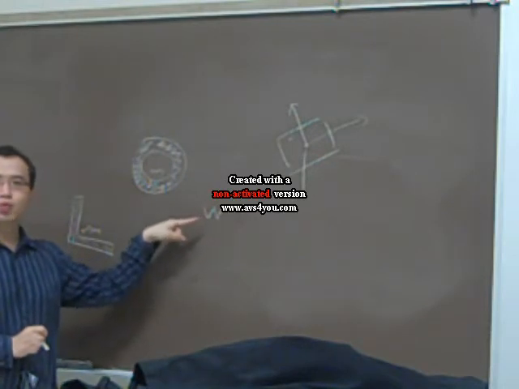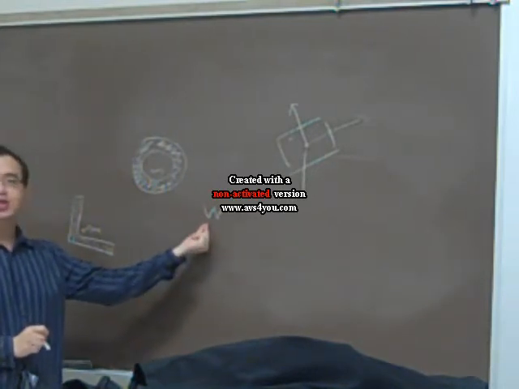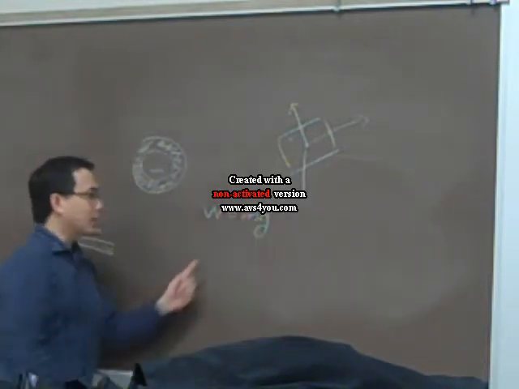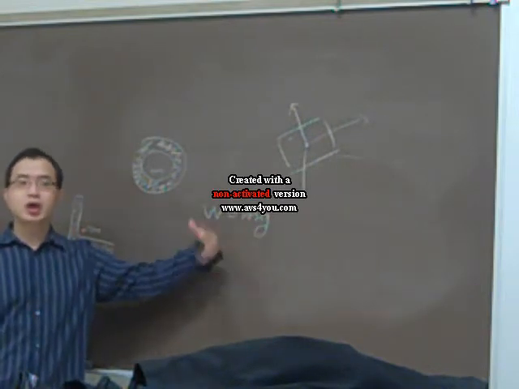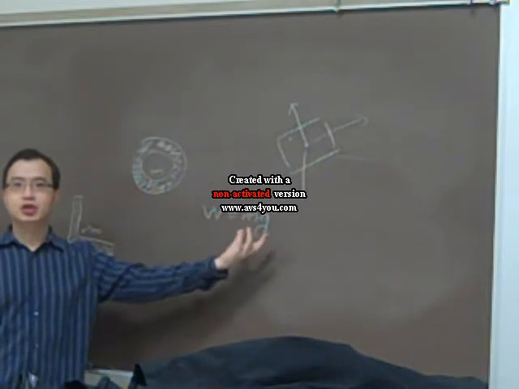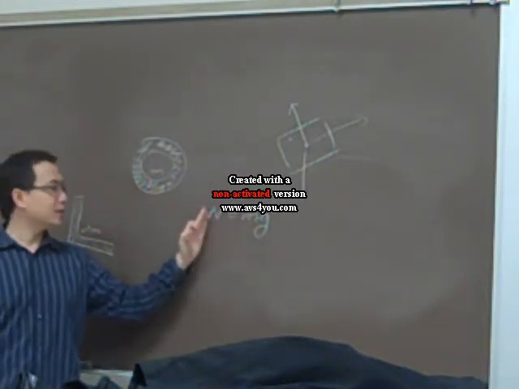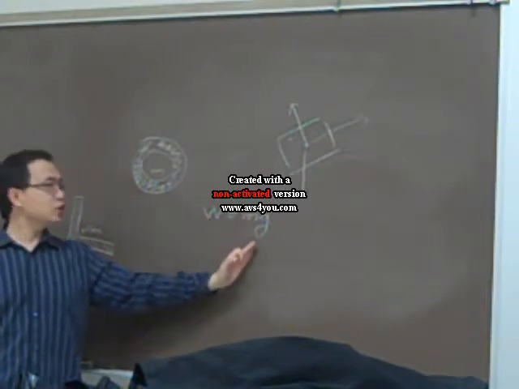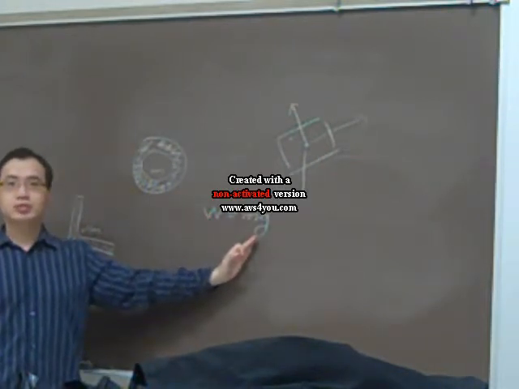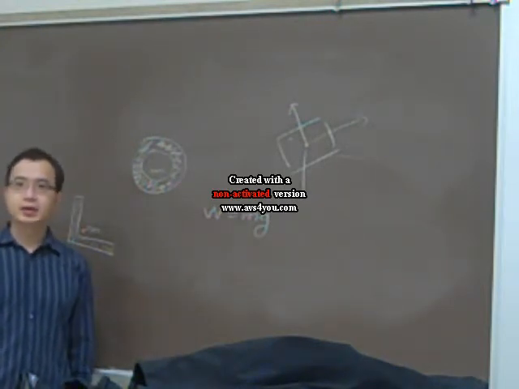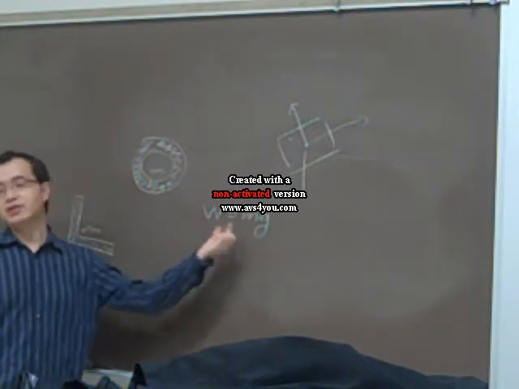So you are looking for the average action point of all the weight. But weight differs from mass by a constant, by g. If g is a constant throughout the whole body, you can think about center of mass and center of gravity as the same point. But if g is different throughout the whole body, they may be different.